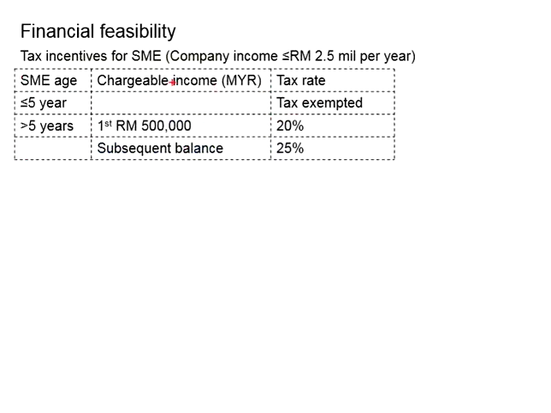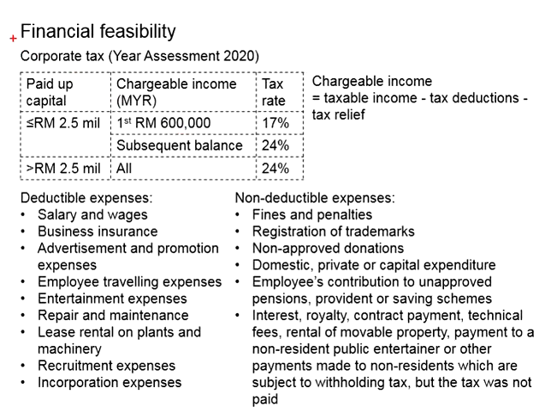Then you check whether your company is qualified for the tax incentive. You might need to also make assumptions in terms of the age of your company, whether you are qualified for the tax exemptions or you are chargeable for the tax. Or you can use the standard corporate tax structures for you to do the estimations.